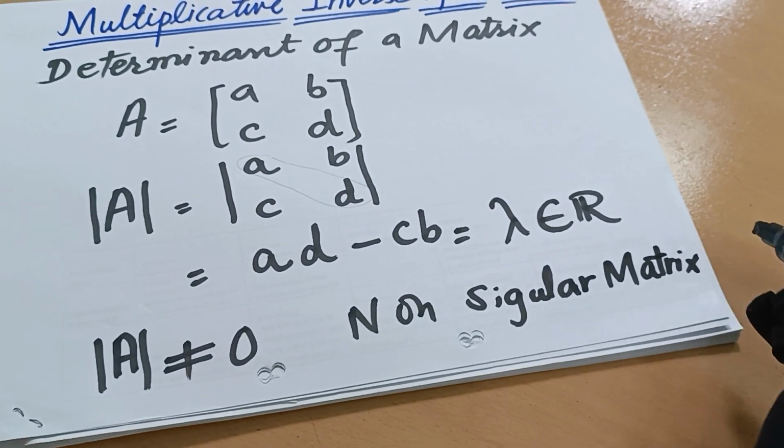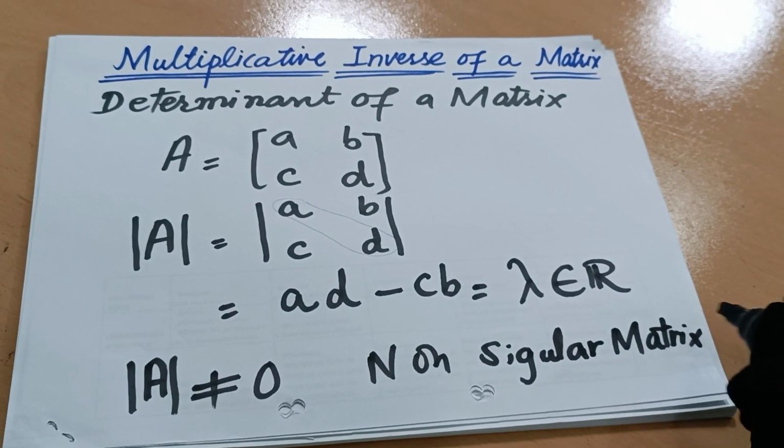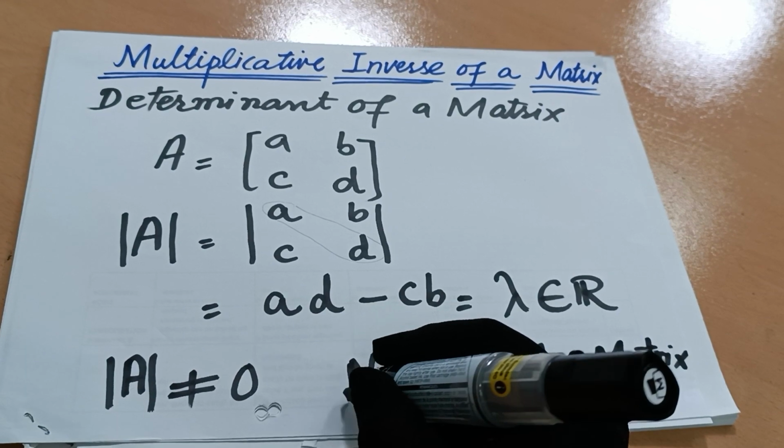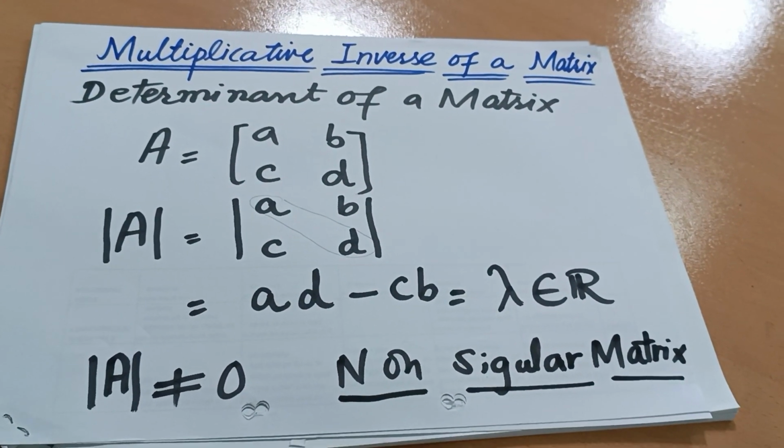If in any case the determinant of a matrix becomes 0, then it is a singular matrix. In the non-singular case, the determinant is not equal to 0.